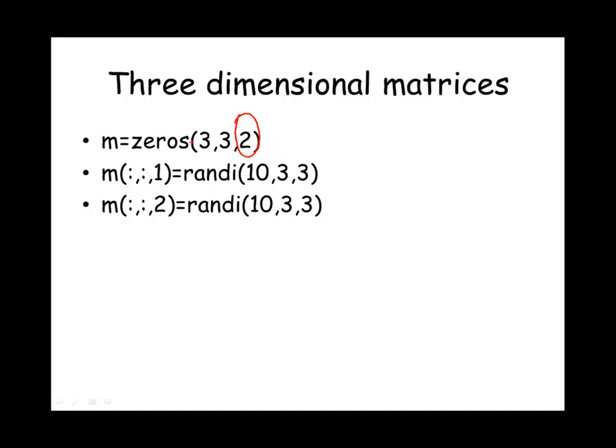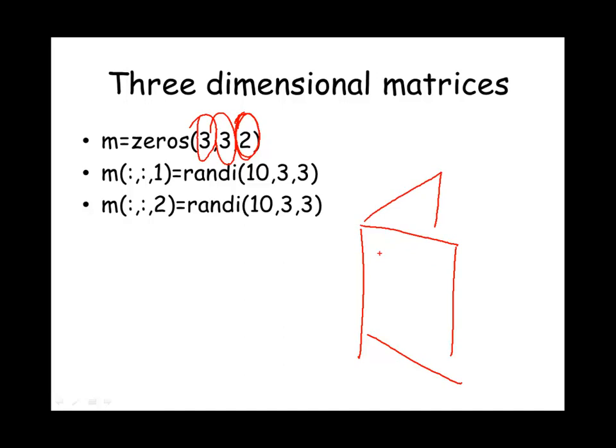So in this example, we are creating a matrix of zeros that has 3 rows and 3 columns and 2 pages. So our three-dimensional book will contain 2 pages, where on the first page we will have a 3 by 3 matrix, and on the second page we will have another 3 by 3 matrix.